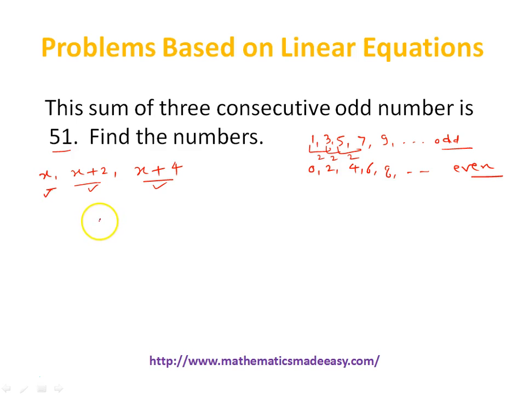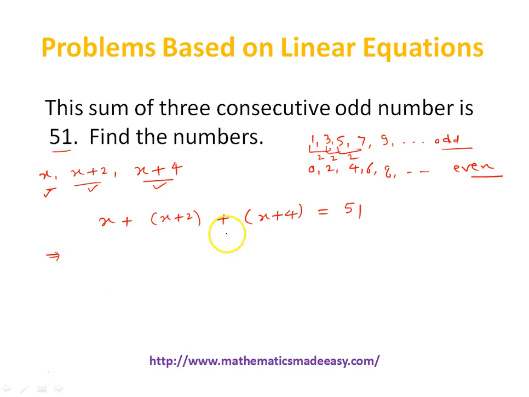So let's do that. x plus x plus 2 plus x plus 4 equal to how much is given? 51. Now we'll simplify this linear equation and figure out the value of x. As soon as we get x, we'll find all those odd numbers.